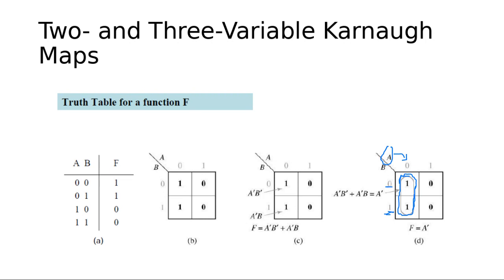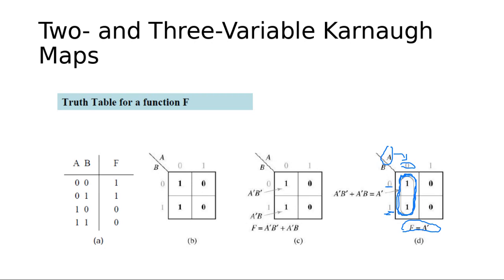During this cluster, during this square, A equals 0. So what is the 0? 0 means not A, right? And the answer is not A.